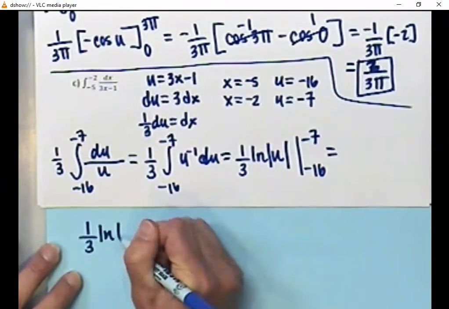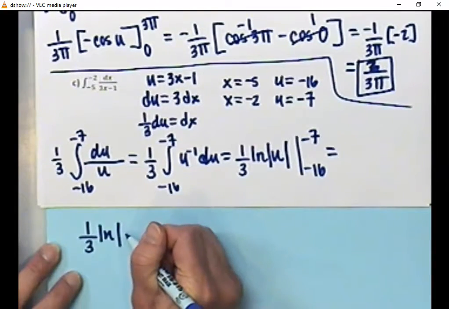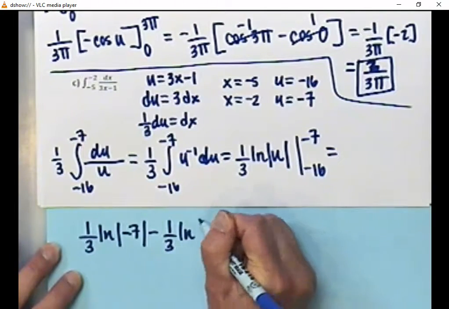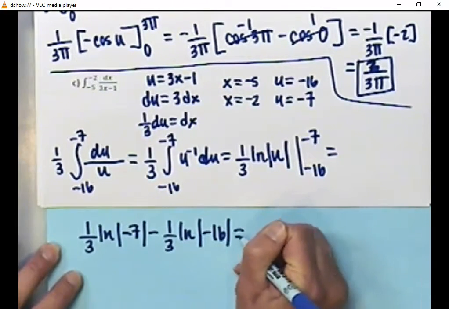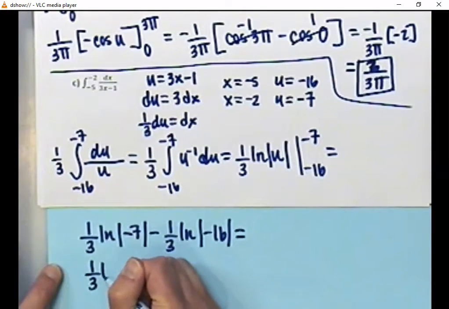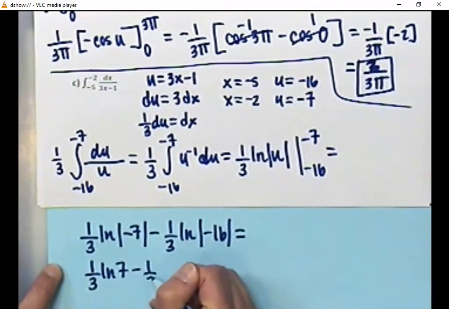So it'll be 1/3 natural log of the absolute value of -7, minus 1/3 natural log of the absolute value of -16. And that's important because if we had left those off, there is no natural log of -7. That's undefined. So now it just becomes 1/3 natural log of 7 minus 1/3 natural log of 16.